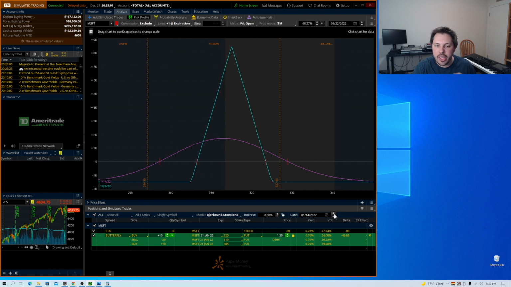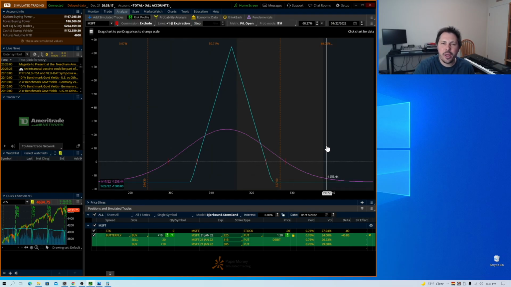Okay, so really important to understand how you can use this software and these option spreads and these strategies to really construct trades that have superior risk to reward, right? Think about it. You could take $1,500 and buy $1,500 worth of stock or something, but you could also use that $1,500 to put on a put or a call butterfly like this, which is a debit, right?